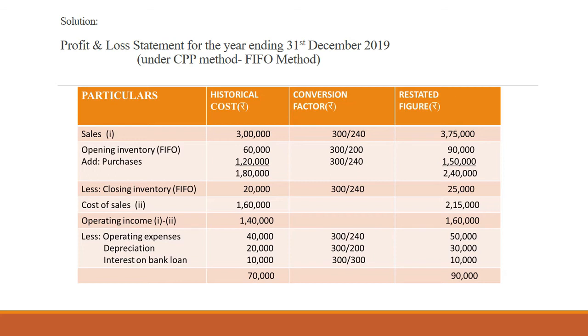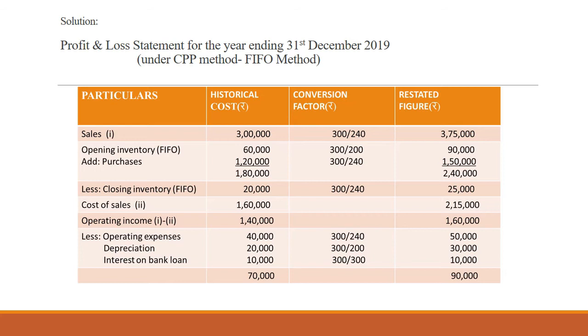Conversion is from the general price index, therefore the numerator is always 300. For sales we take the average, therefore divided by 240. 3 lakh into 300 divided by 240 is equal to 3,75,000.